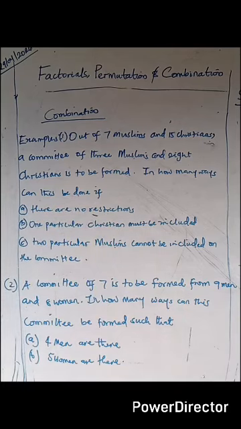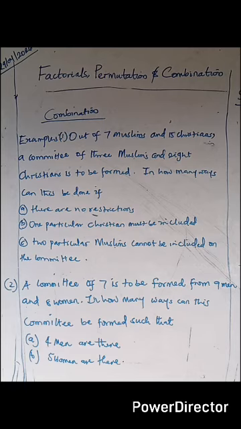I told you the other time that combination is about selection, and the order of arrangement does not matter. Just pick. As soon as you pick, you are good to go. So now they want to form a committee. They need 3 Muslims and 8 Christians. That's the goal.